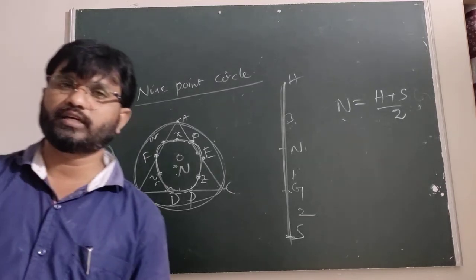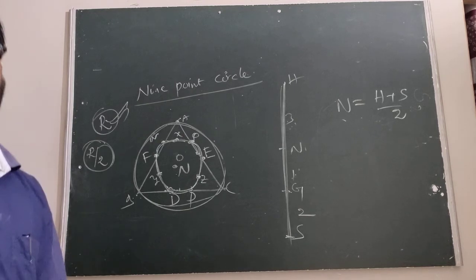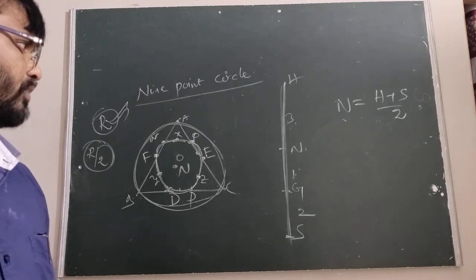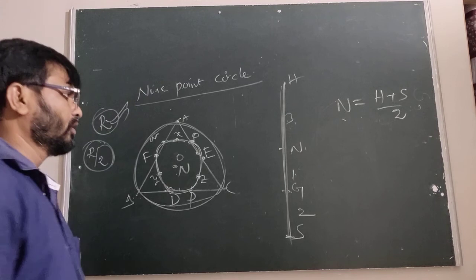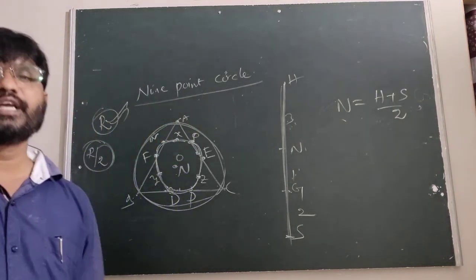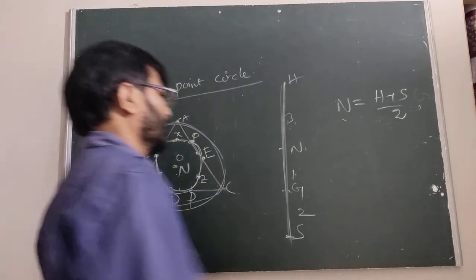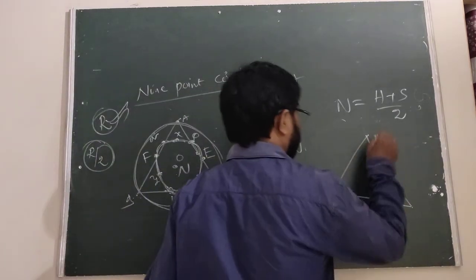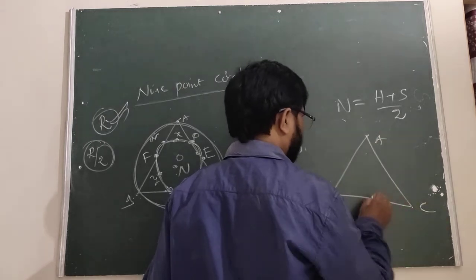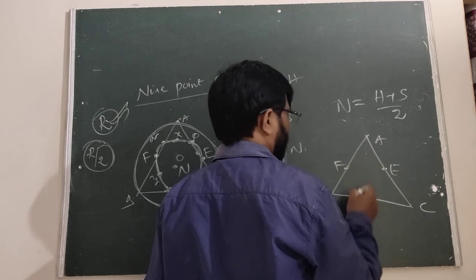If you know the orthocenter and circumcenter, the center of the 9-point circle is the midpoint of H and S. And one more thing: suppose D, E, F are the midpoints of the sides. All of you listen here. This is triangle ABC, this is the midpoint, this is the midpoint, this is the midpoint.